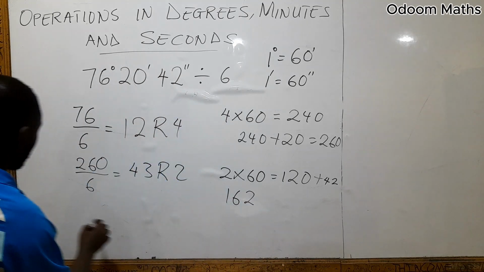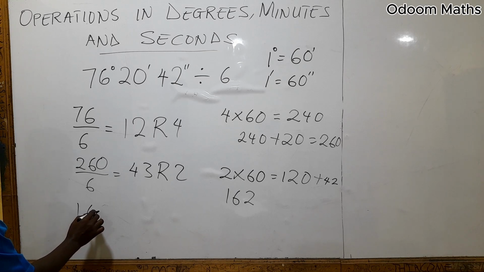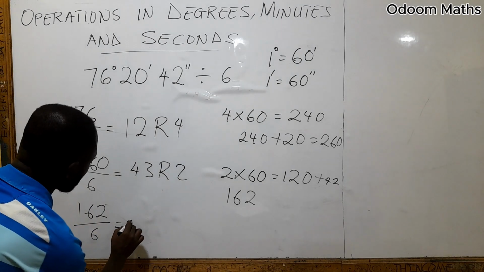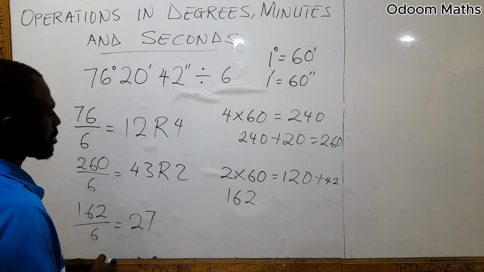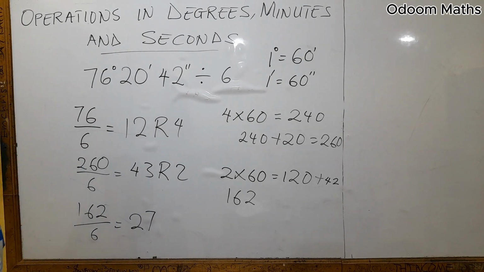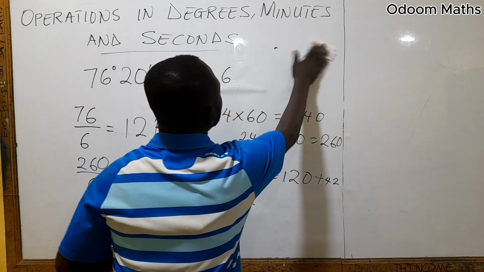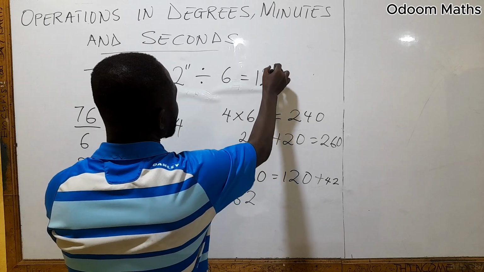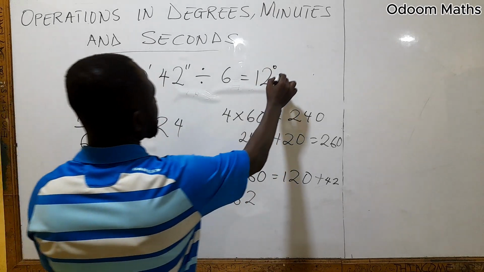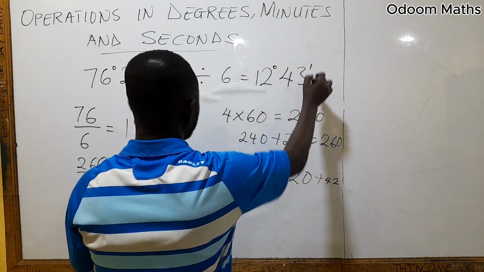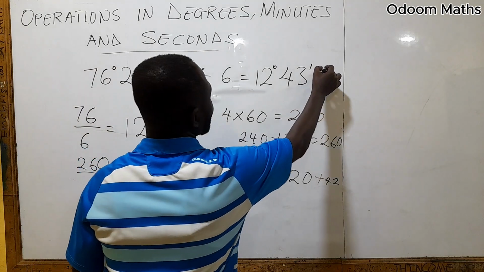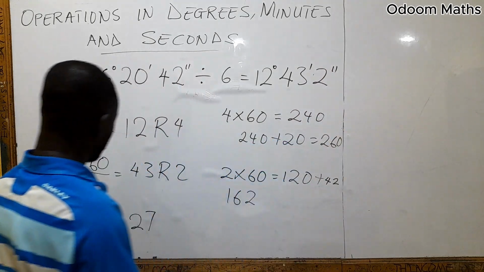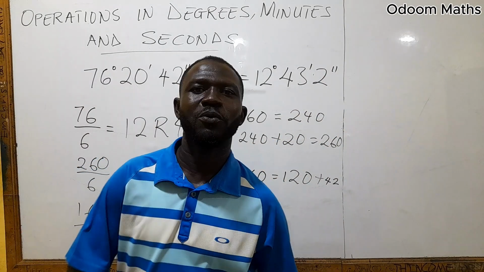Then we divide 162 over 6, and this is 27. So the final answer becomes 12 degrees, 43 minutes, 27 seconds.